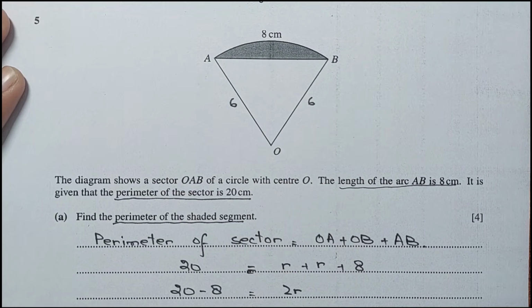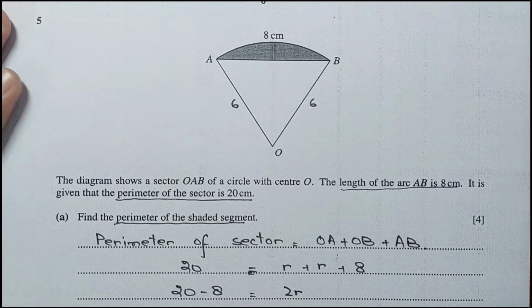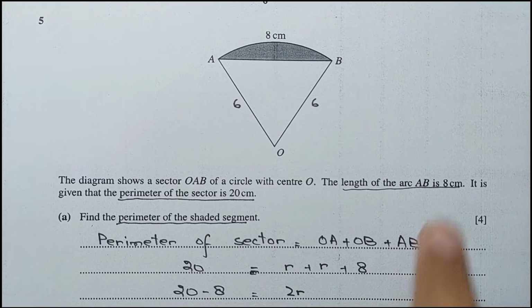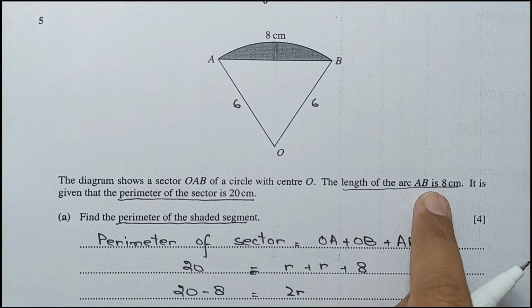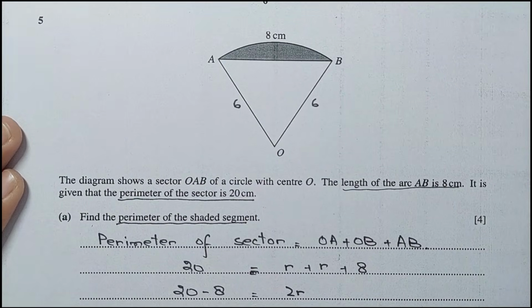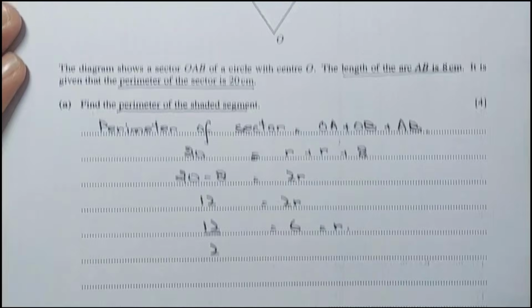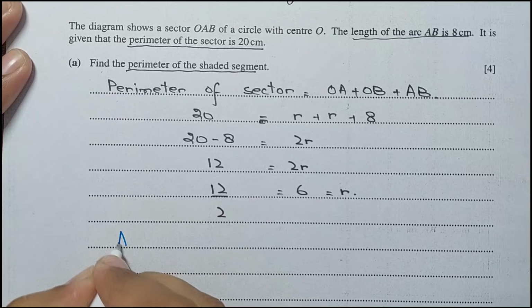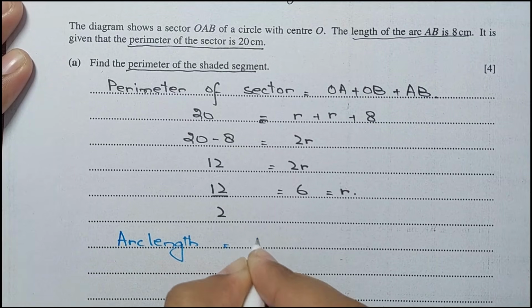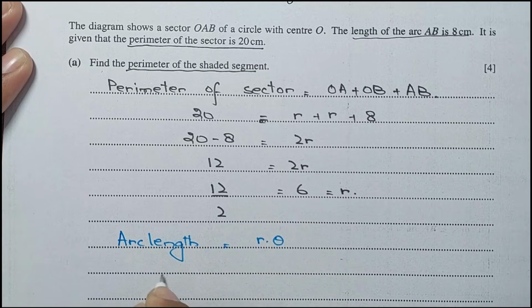Now we need to figure out the perimeter of the shaded region. The arc length information we have been given. Arc length is radius times theta, where theta is in radians, and the radius is 6. Use the second piece of information: arc length is radius times theta, and the arc length is 8.